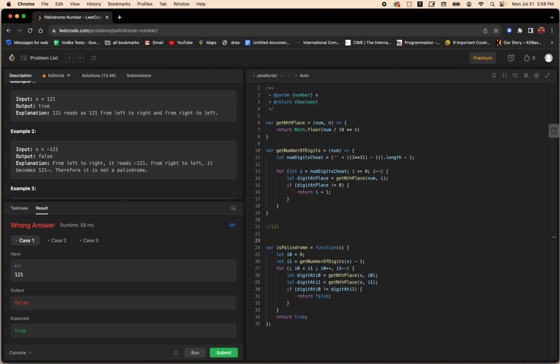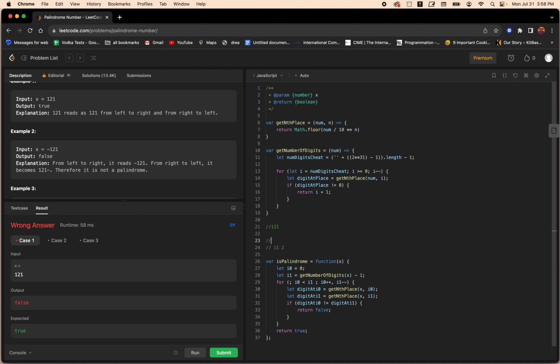Ideally, i1 would have been equal to 2. Hopefully this is correct. Then we would say, as long as i0 is less than i1. Returning true. Why would it be returning true?